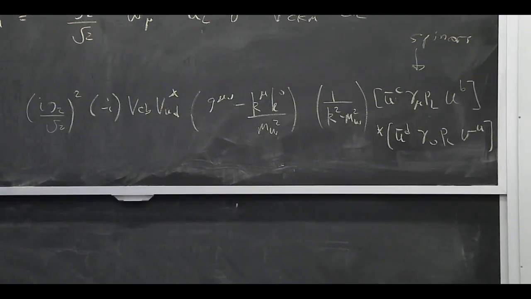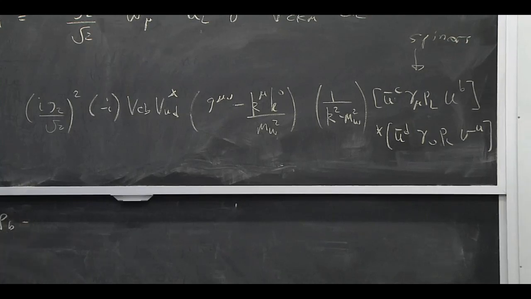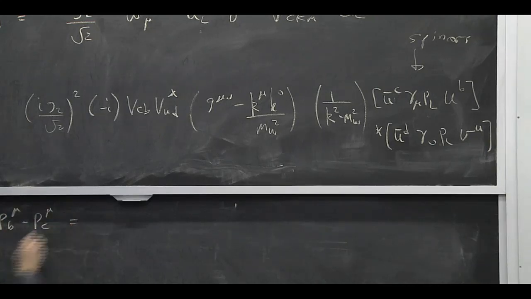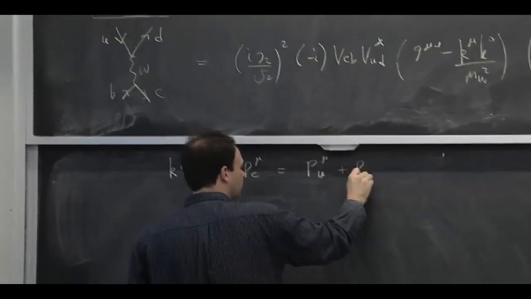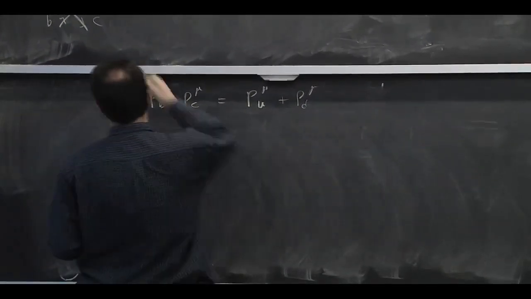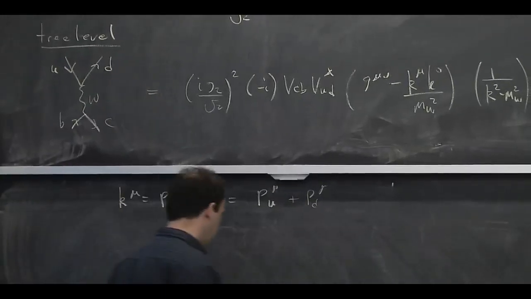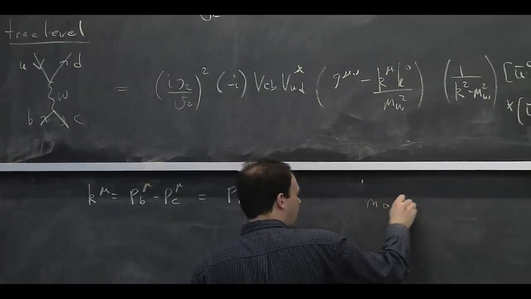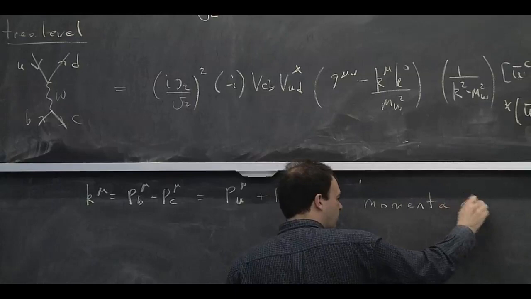So there's some momentum in this diagram, which is the momentum transfer, which is the b momentum minus the c momentum in a kind of obvious notation. And of course, by momentum conservation, that's also the d momentum plus the u momentum. And that's the momentum that's going through the propagator. We're going to count momenta as being of order masses.